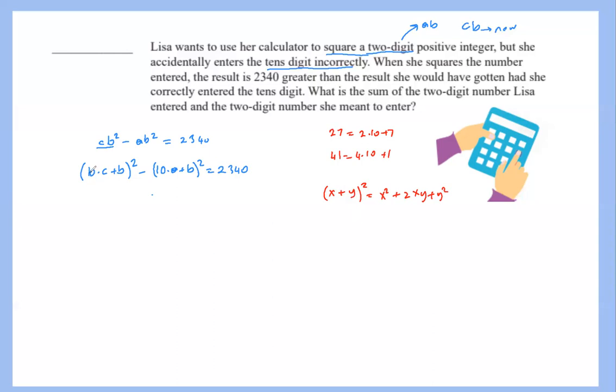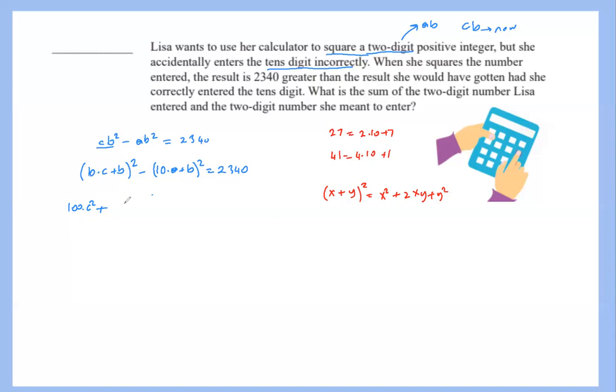But this is 10C, not BC. So that was 10C. If you square this, this is our x in this case, you will get 10 squared is 100, and then C squared will be C squared. Plus, you are going to multiply x and y and double it. So the first term and the second term will be multiplied and you double that product.